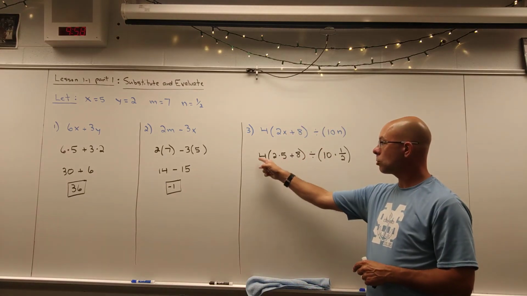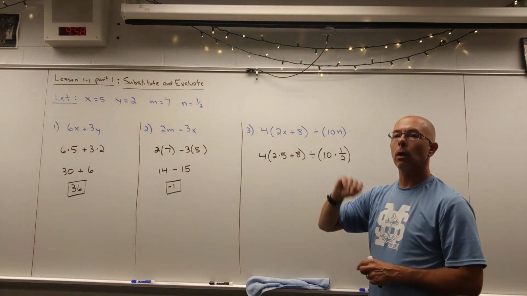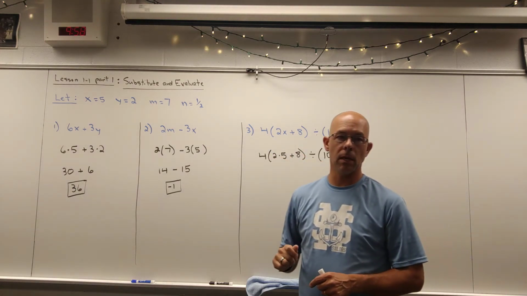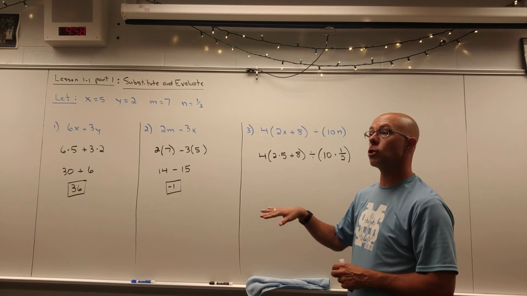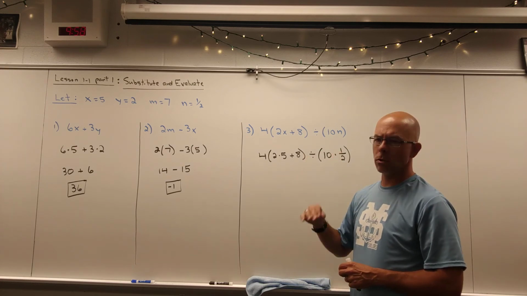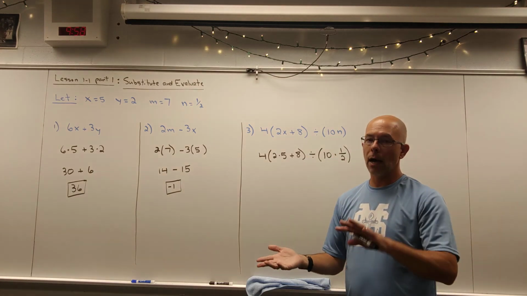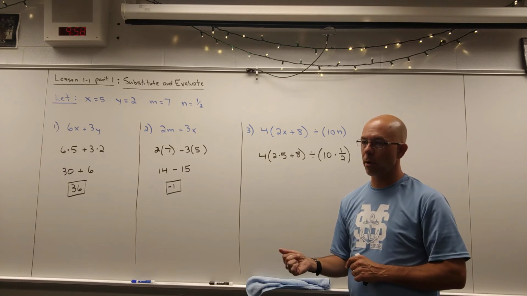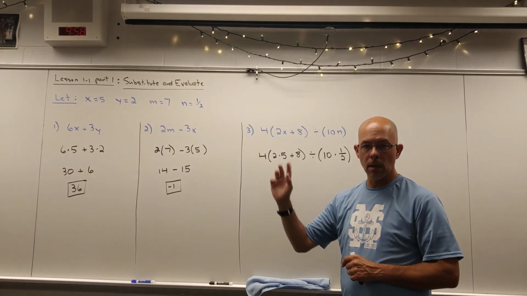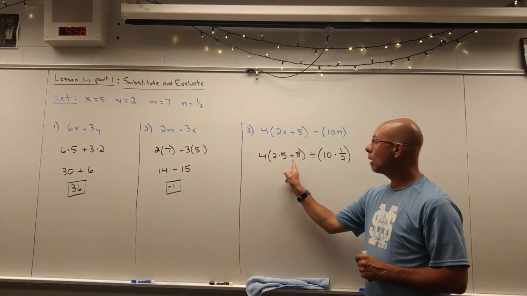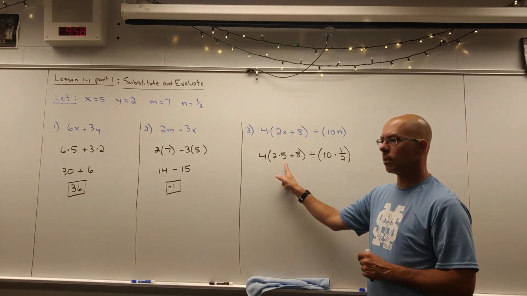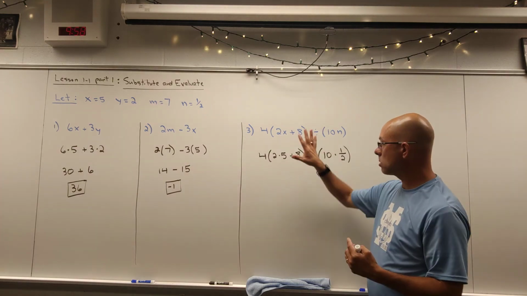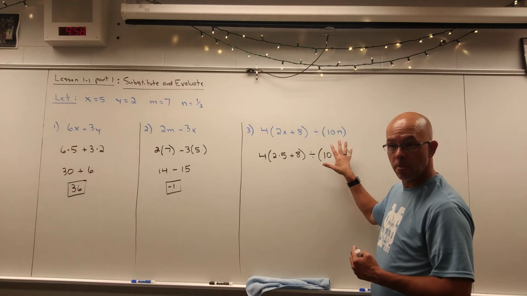I've seen people distribute the 4 here. It will lead to wrong answers because you're partially doing multiplication before you do the parentheses work that you're supposed to do. I'll explain the whole distributive property in the next little segment, but right now, we go inside the first set of parentheses. See, there are 2 sets of parentheses, so we work them left to right.